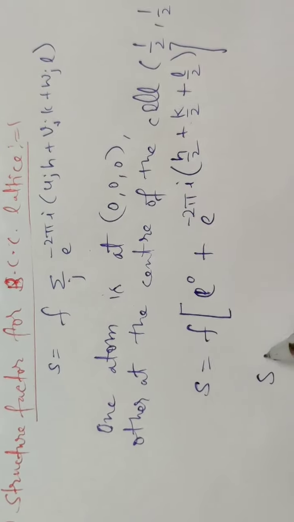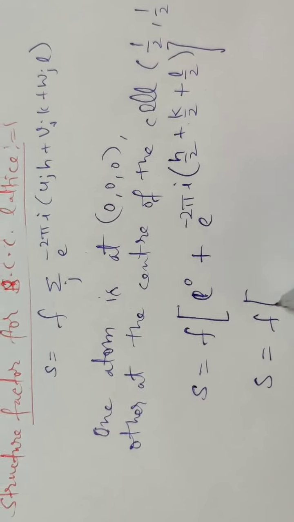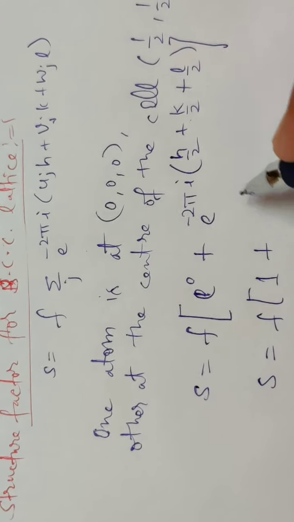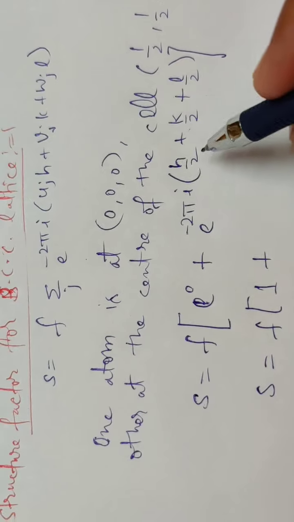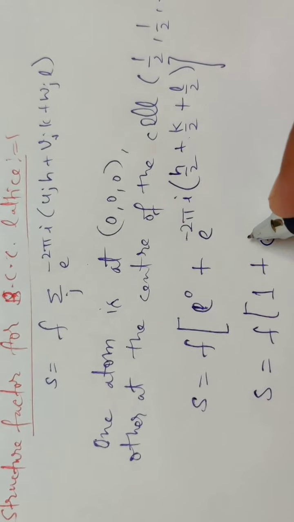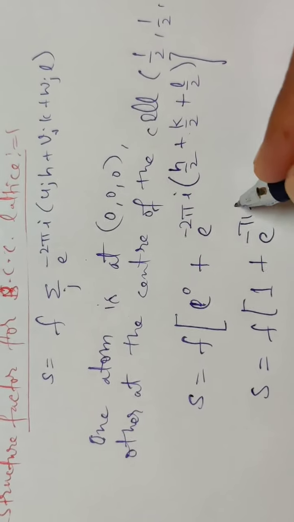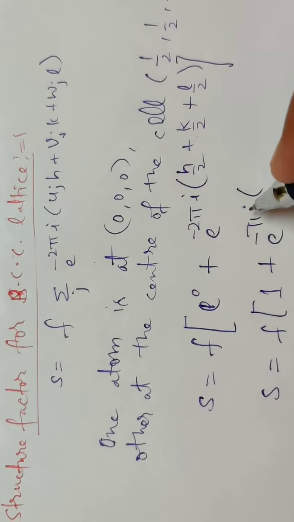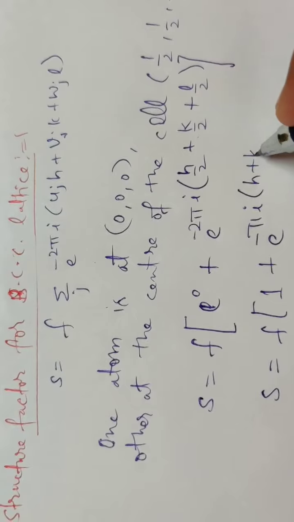Solving, f raised to power 0 is 1, and 1 by 2 will be common, so the 2 cancels, giving e raised to power minus pi i times h plus k plus l.